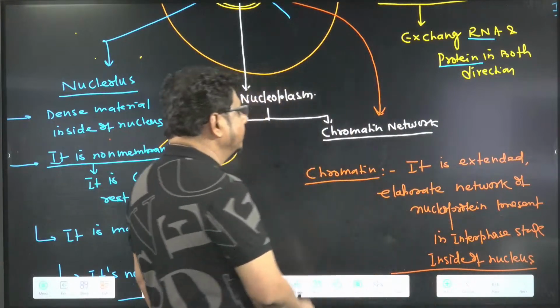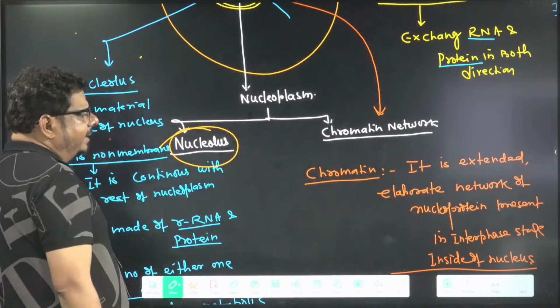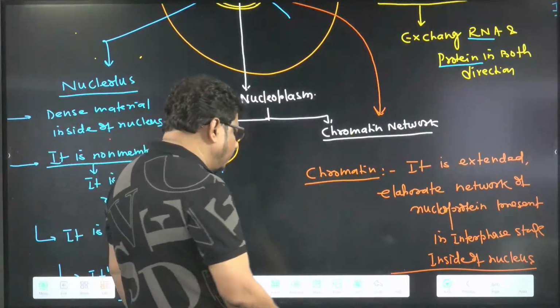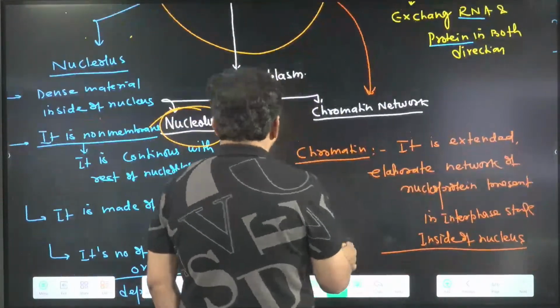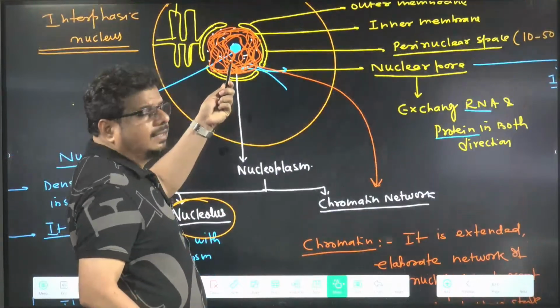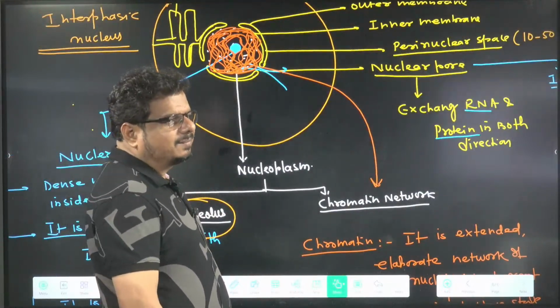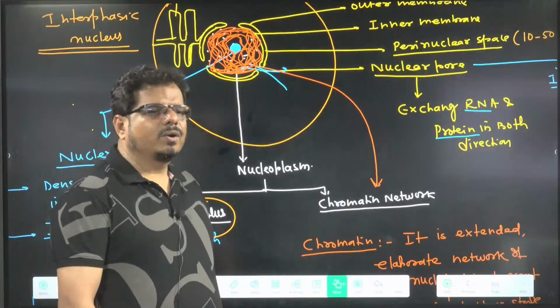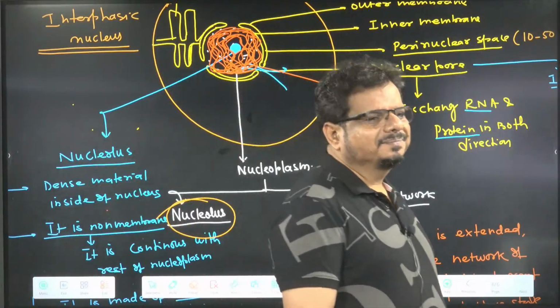You got the idea? So it is an extended, elaborate network of nucleoprotein. And we find this chromatin in which nucleus? Interphasic nucleus.